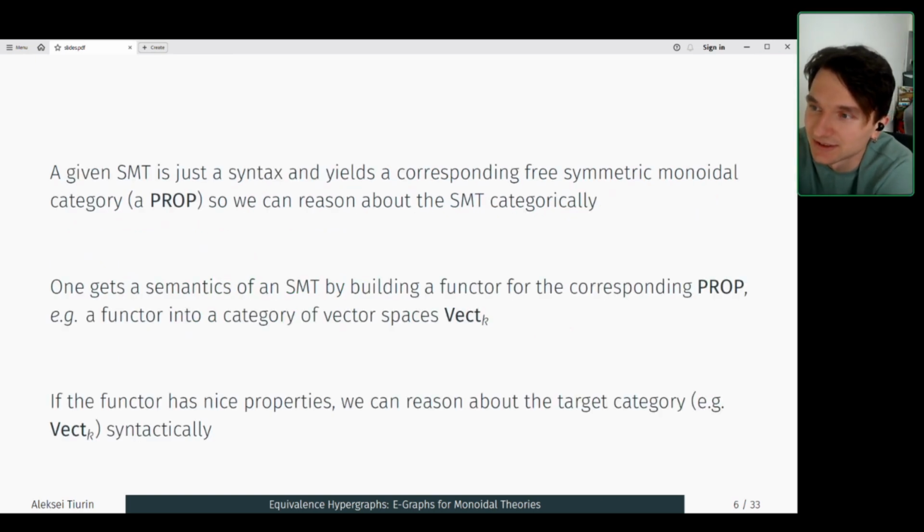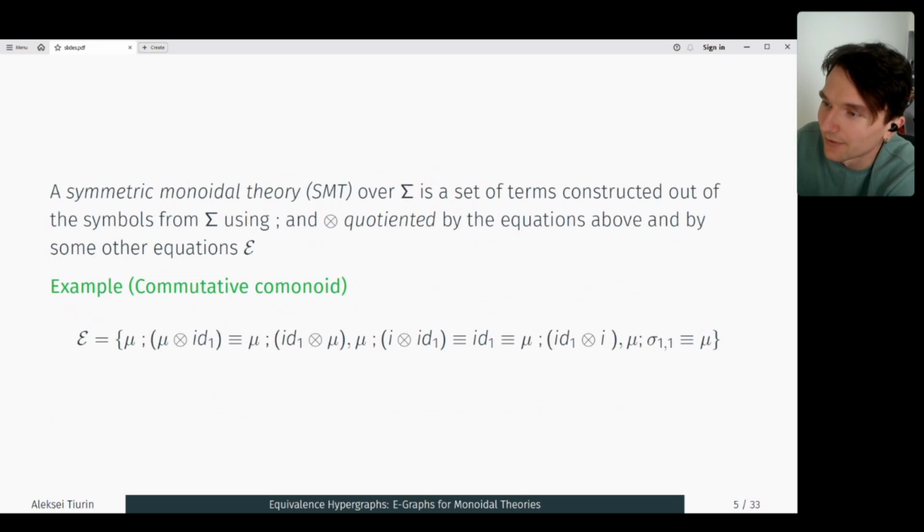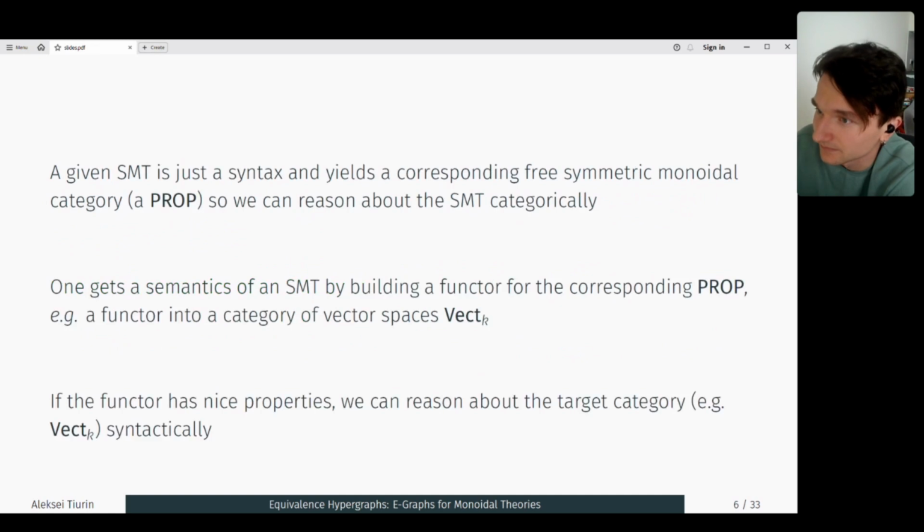Such symmetric, and if we omit the symmetry generator, we end up with just a monoidal theory. Such a theory is just syntax, and it generates a very simple free symmetric monoidal category, which is called a prop. So we can reason about such theories categorically.